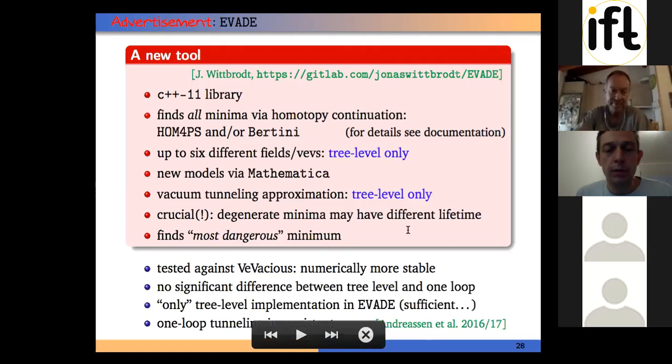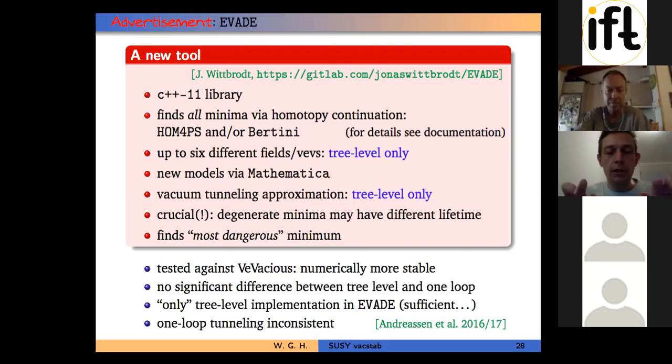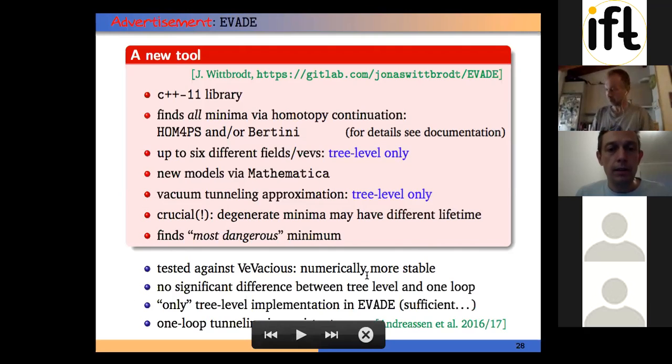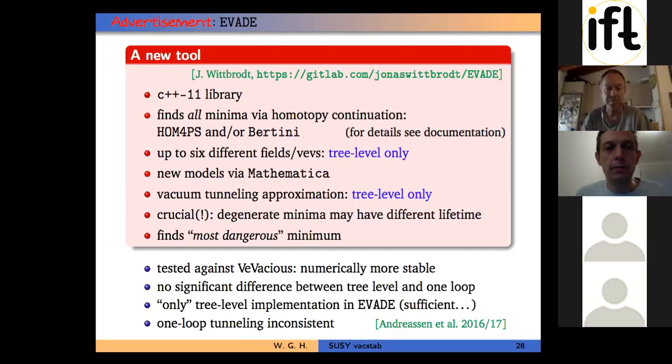Of course, you can also print out all the lifetimes of the minima you can get, and then you may find that you have some degenerate minima, as you might have in the MSSM, where the minima are related by this Z3 symmetry, and then you find out that they have different lifetimes, and then you find your most dangerous minimum, and the analysis is done.